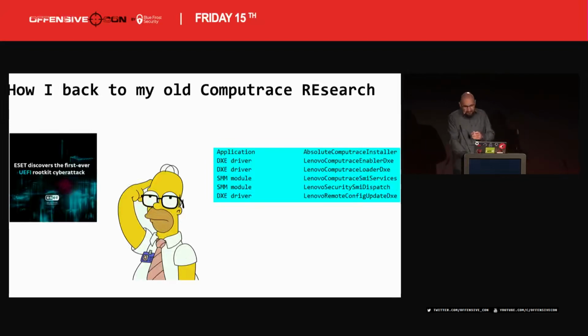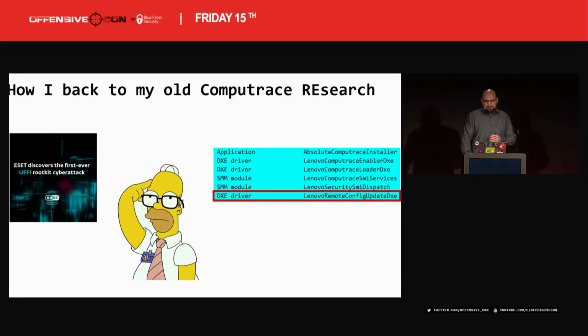Here is a list of components related directly to Lenovo, not Lenovo actually, the Absolute Software CompuTrace component. I think Lenovo is really using an old version of it, and they just reuse it even in some of the new laptops.